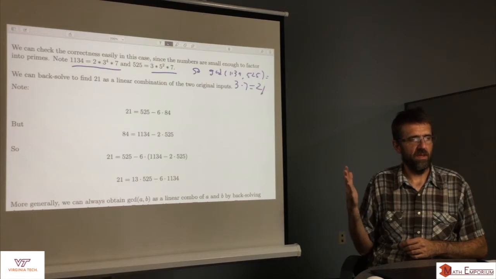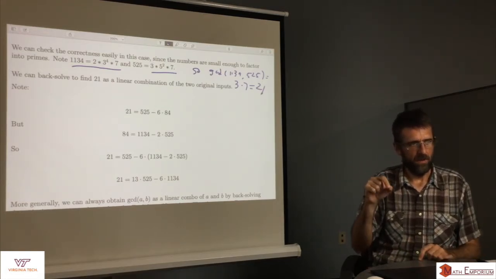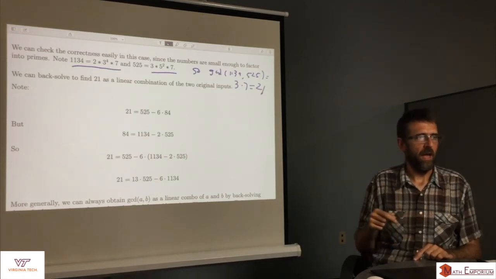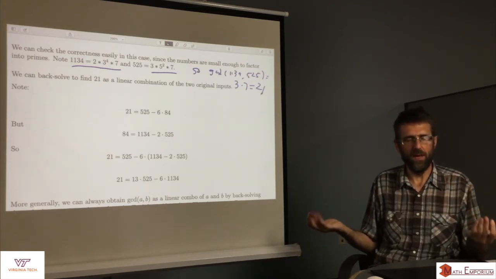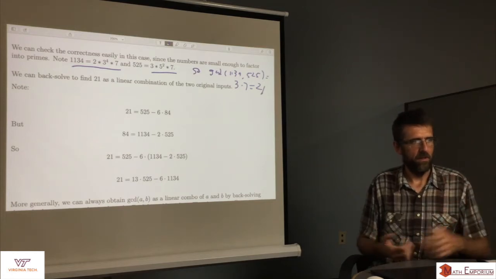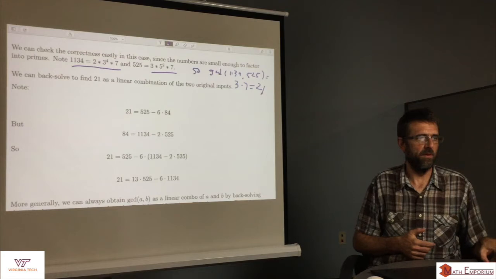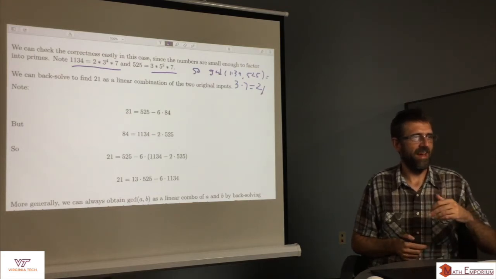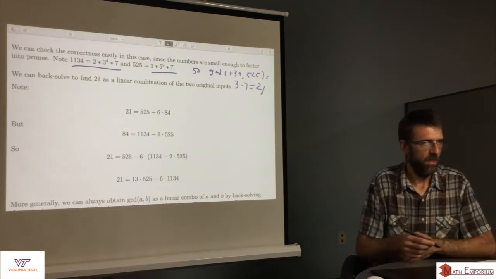This allows us to always write a GCD as a linear combination of the inputs. And there's a conceptually very simple way of doing this that is perhaps not the most efficient way, but something that we can write down easily in the context of that previous example. So let's back solve this system of equations that we found.